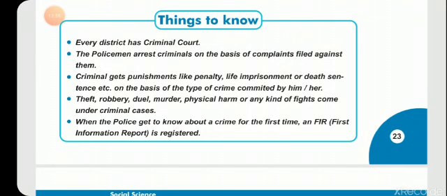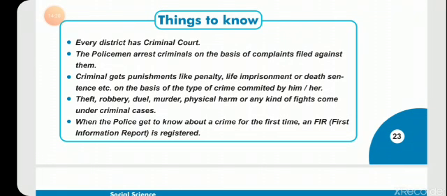So the severity of the crime they have done would decide what the punishment would be.